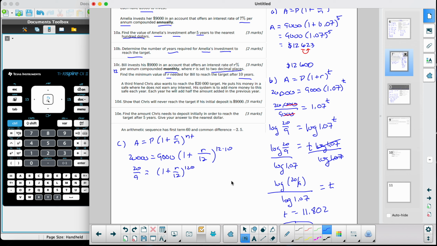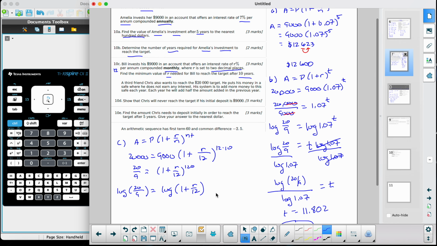I can solve this with logs too, using the same rule, and I think that's what I'm going to do. If you want to graph, then go ahead and graph. That's fine, but I think logs are easier if you're okay with them. If I take the log of both sides, I can bring this exponent down.